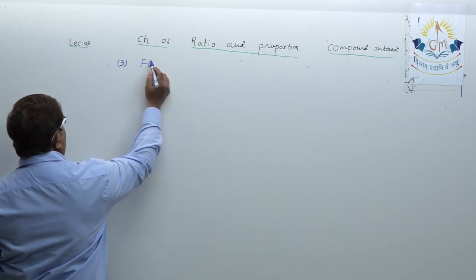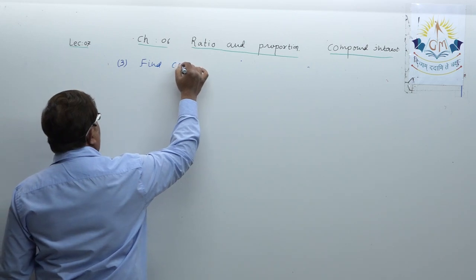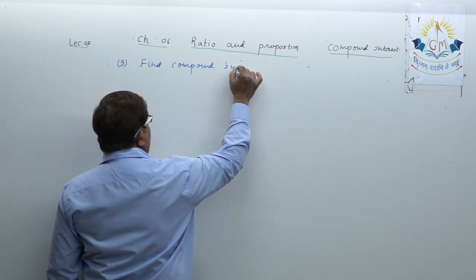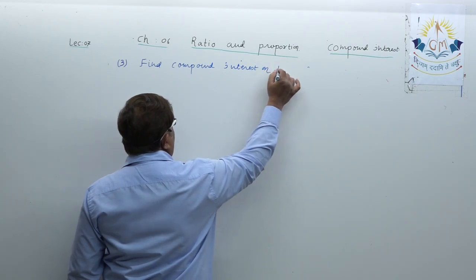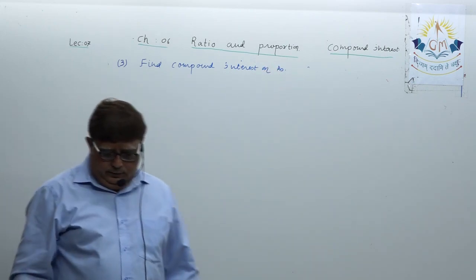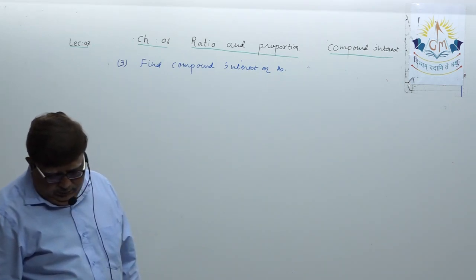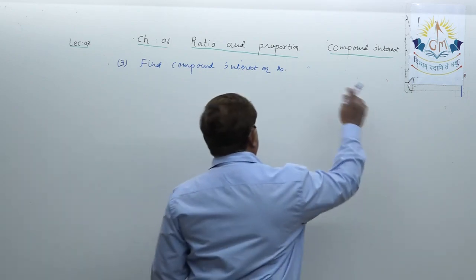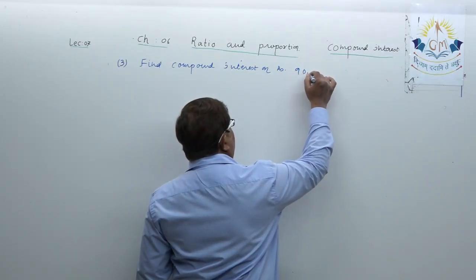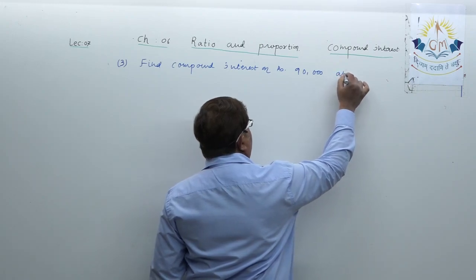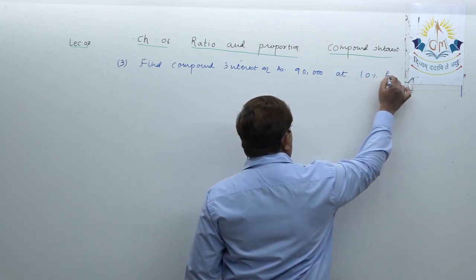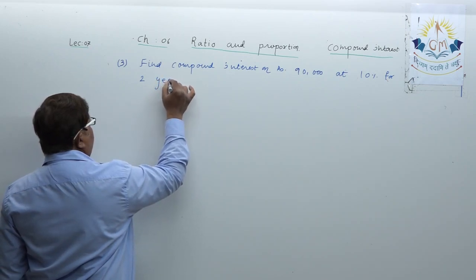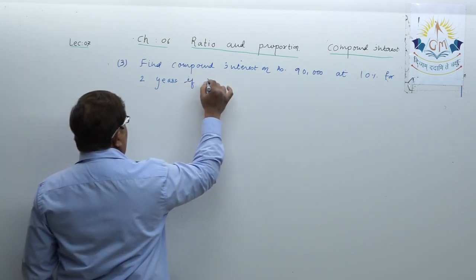Find compound interest on rupees 90,000 at 10% for 2 years, if interest is calculated annually.